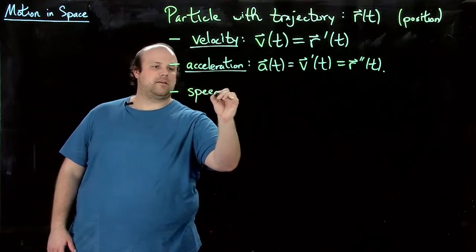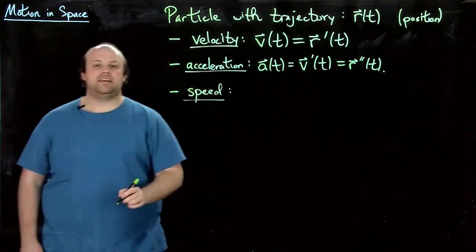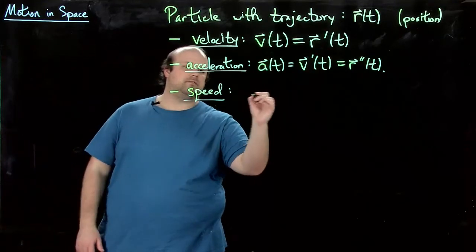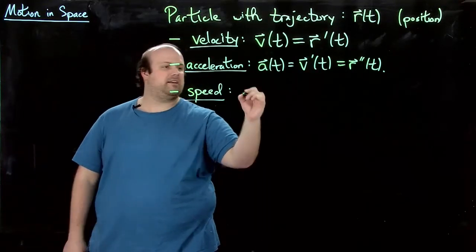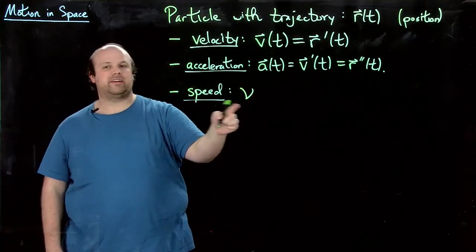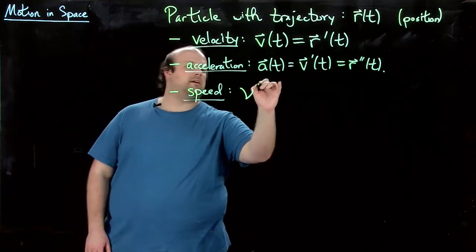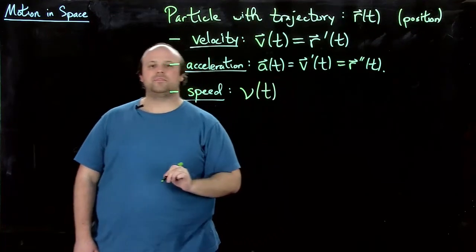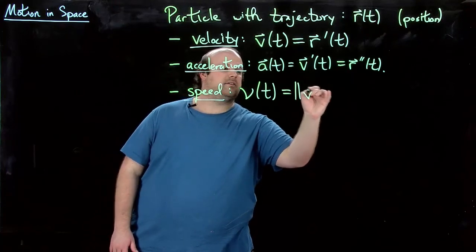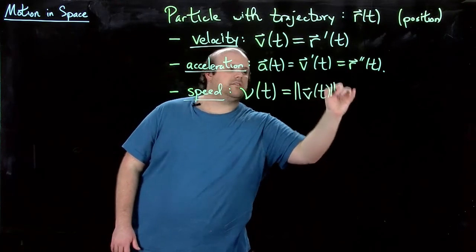But they're very much related in that speed is just the magnitude of velocity. So for speed, we're going to write this sort of funny looking v. It's actually the Greek letter nu of t. So this is what we'll use for speed, and this is just the magnitude of the velocity vector.